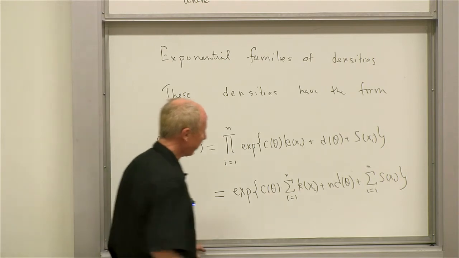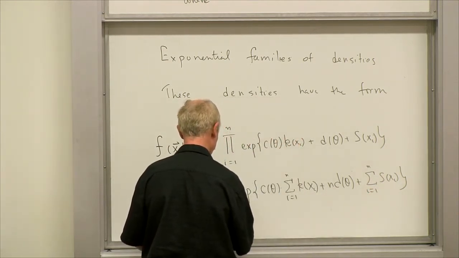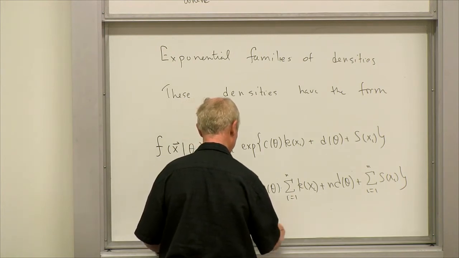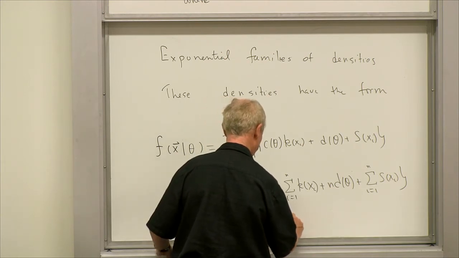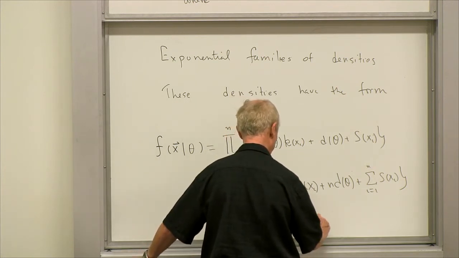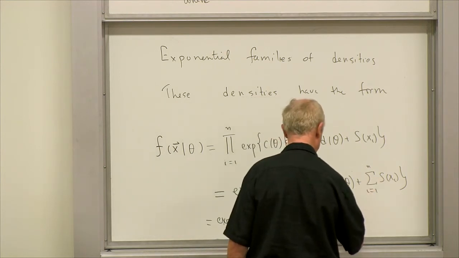And now let's separate this part out. I'll write it as a product of two exponentials: one that has this function of the data, and then the other that has the sum of the xi's.